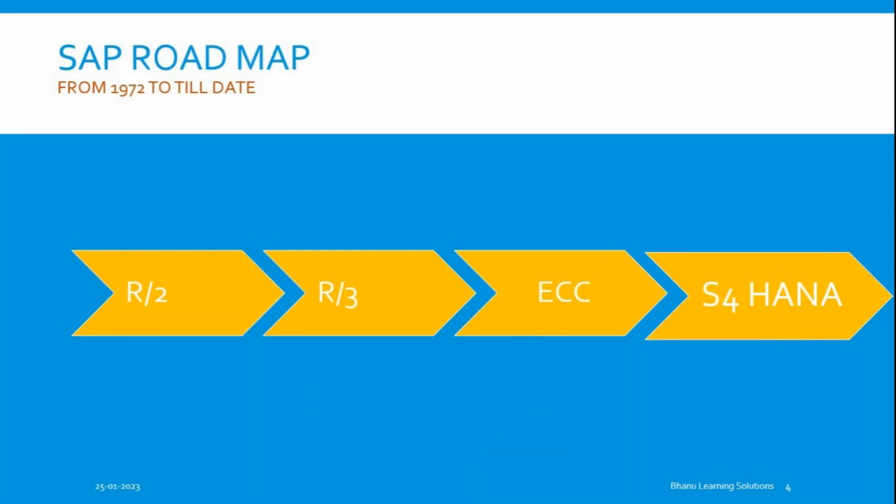After 2025, every company must be migrated to the newer version because SAP is going to stop its support for ECC applications. That's the reason S4 HANA is in more demand now, because all companies are migrating to S4 HANA.